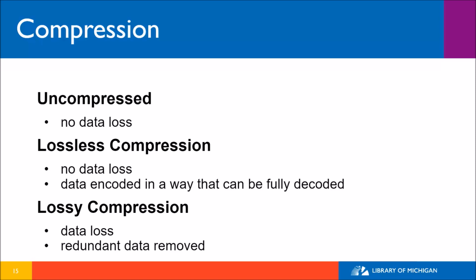Now, unfortunately, as we've noted, these files are also quite large, and so you have the option to select a losslessly compressed file format. Compressed formats can be categorized as either lossless or lossy. Lossless compression is when data is encoded in such a way that it packages redundant data more effectively and more efficiently, in a way that can be decoded to be exactly the same as the uncompressed data.